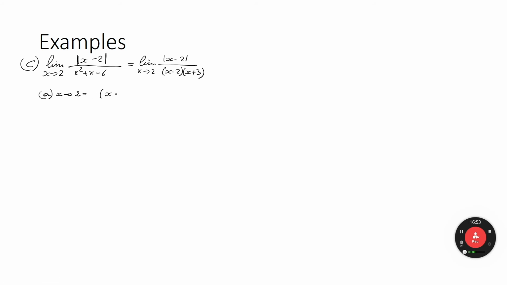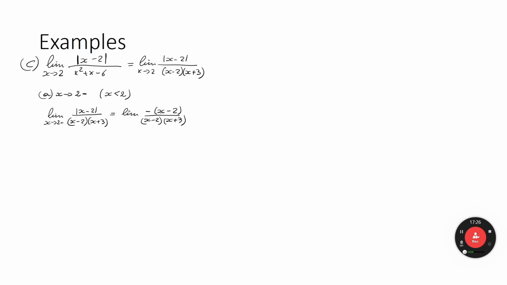So in particular, we know here that x is going to be less than 2. So then our limit becomes the limit of minus x minus 2 divided by x minus 2, x plus 3.